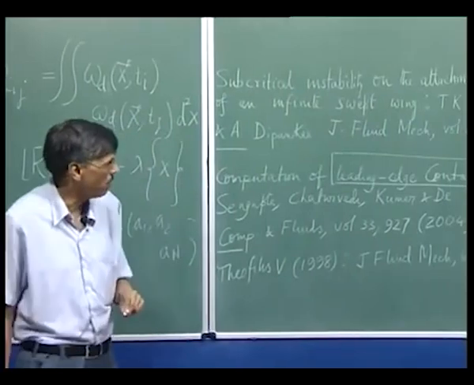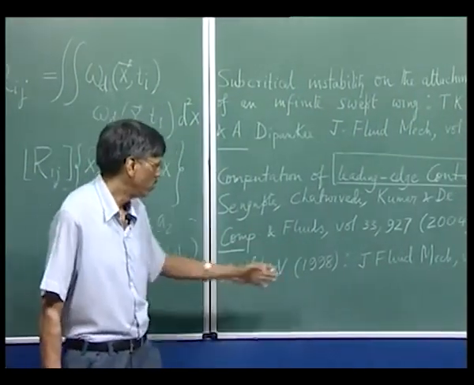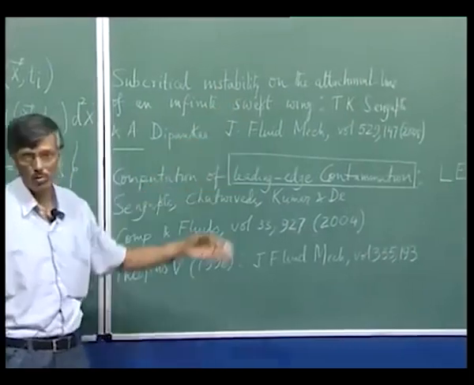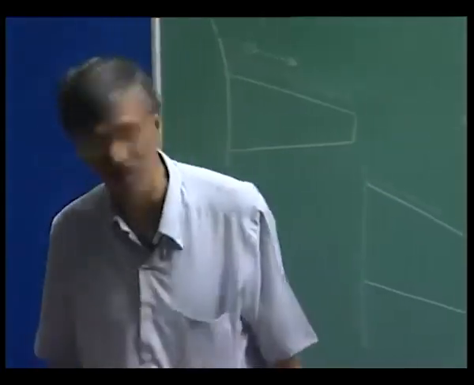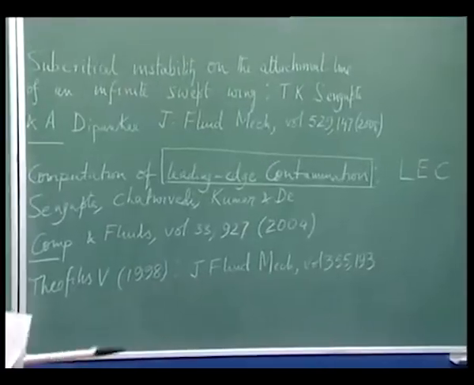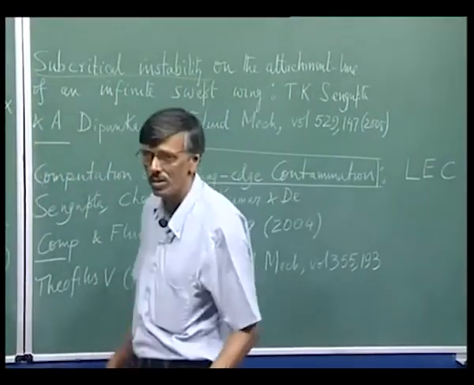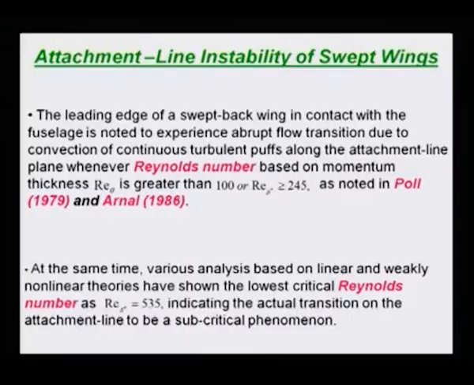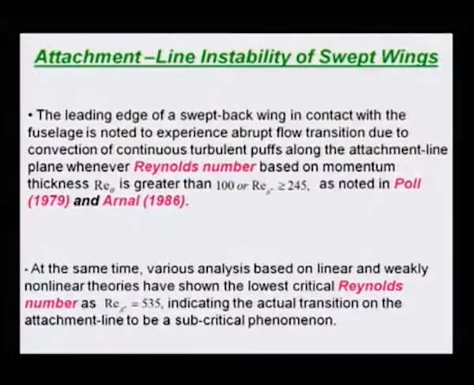First, we did some computations in this paper in 2004. That was followed by a detailed study in that JFM paper that I have. Of course, we are once again looking at subcritical instability, right? Because experimental observation is 245, theoretical calculation says 583. So, it has to be a subcritical excitation.